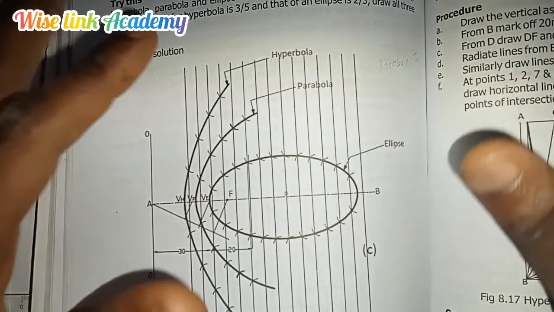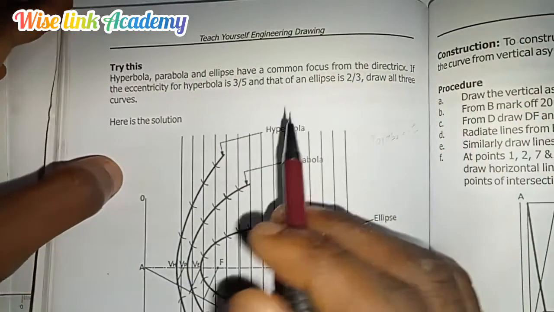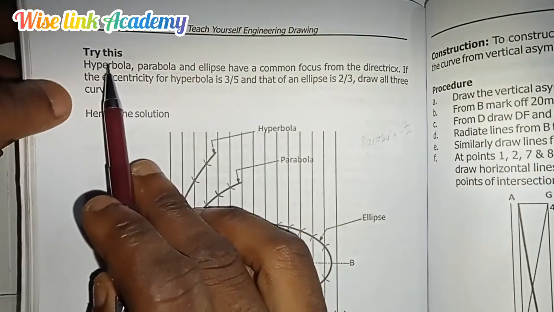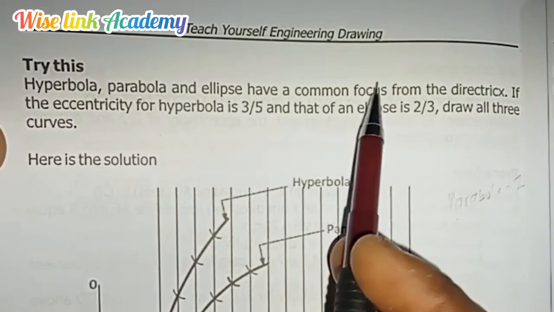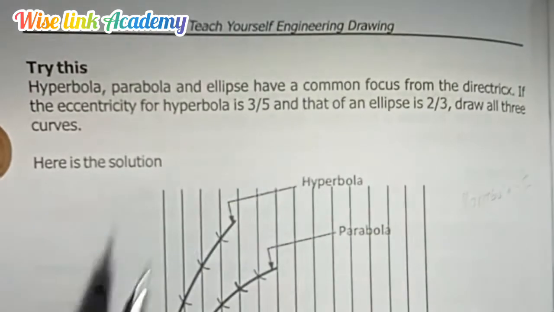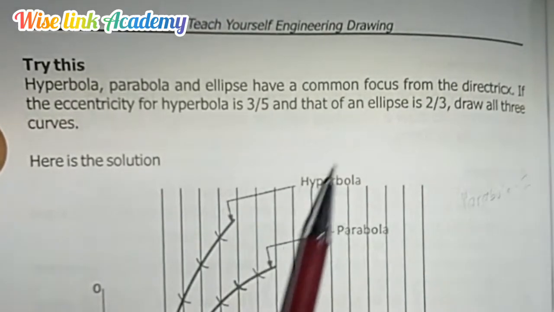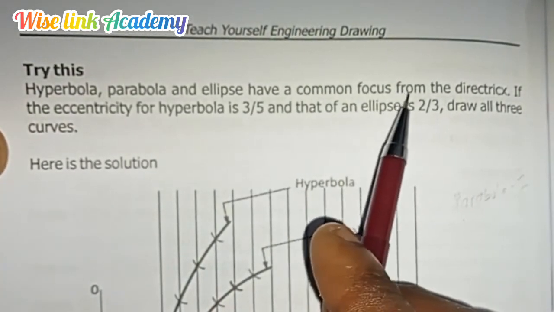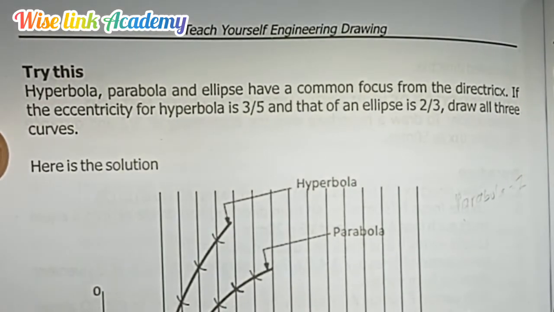So the first thing to do to achieve this, let's read the question first. In the question, they said hyperbola, parabola, and ellipse have a common focus. You get that now? They have a common focus. That is this focus here. They are all using this focus from the directrix, and this line I'm showing here is called the directrix.